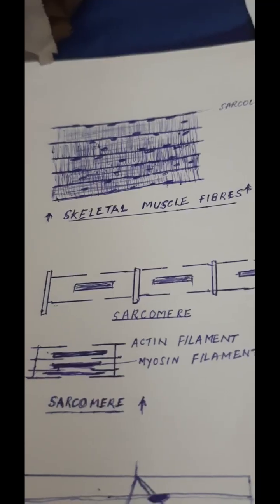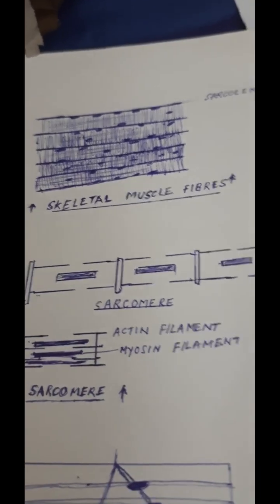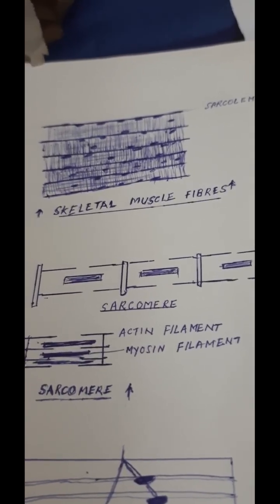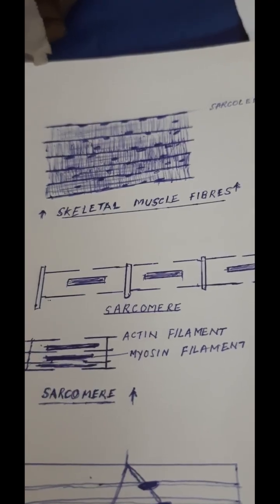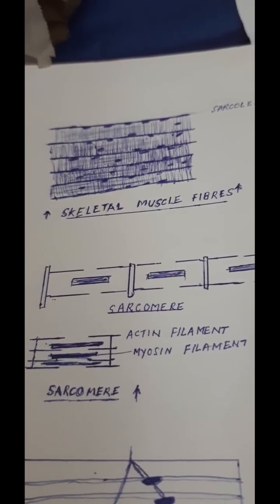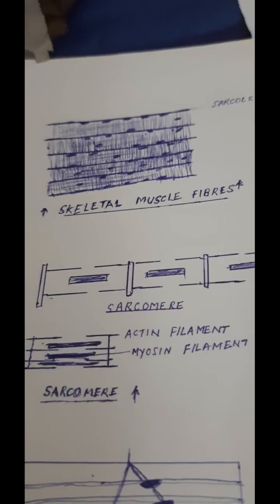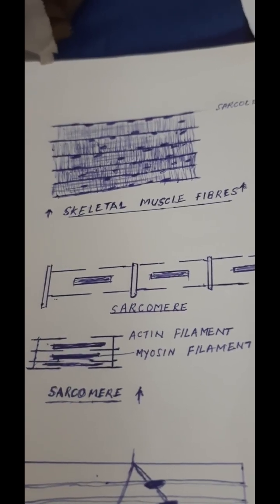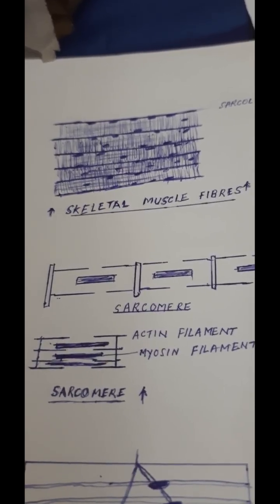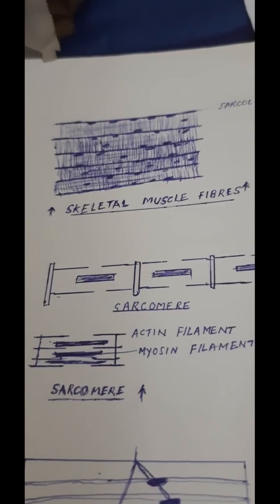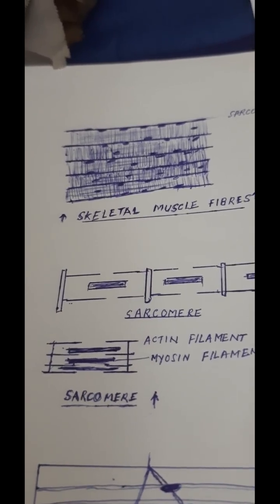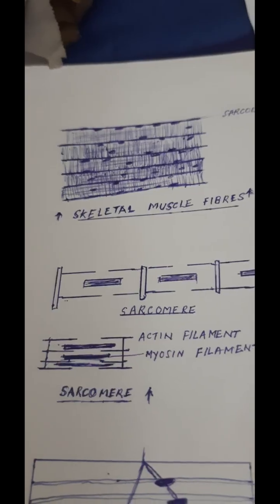The moment the impulse comes through the motor nerve fibers, the sodium goes inside, the muscle fibers contract, and the actin glides over the myosin, and subsequently it relaxes also. This whole structure is called sarcomere.